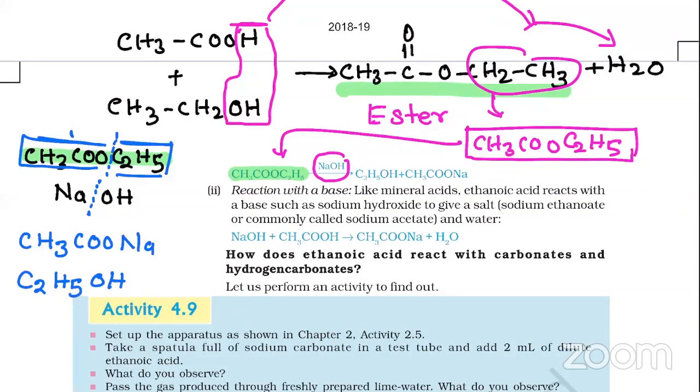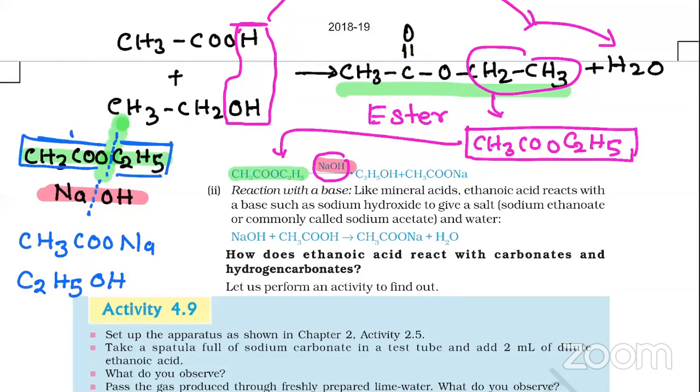So we have to cut this ester in two parts. So I am cutting this from here, and another reactant we are using in this reaction is NaOH. So I have cut NaOH also in two parts. Okay, so it is Na plus and OH minus.